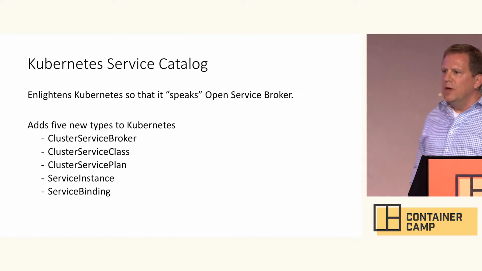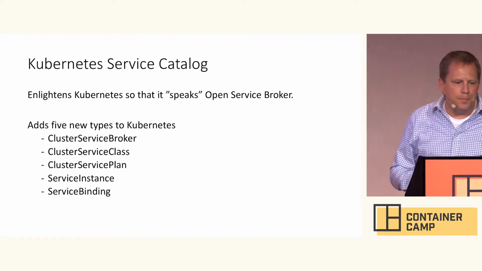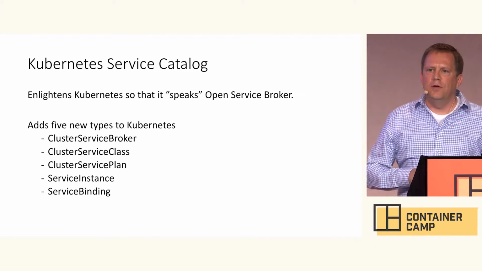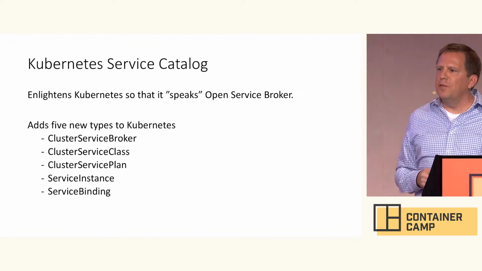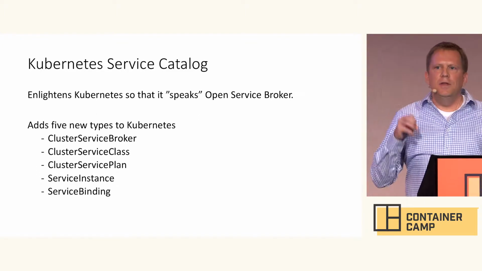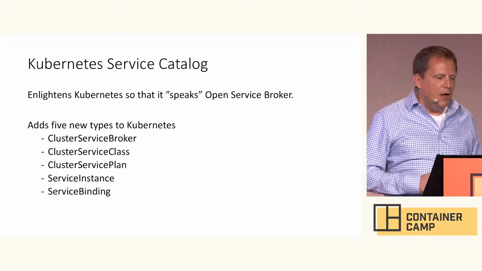That's the class. The plan would be the tier or SKU of MySQL that you want to deploy. An instance is the intent to provision an instance of MySQL in that cloud provider. And then the binding is the intent to talk to that service. And we'll see those in action.